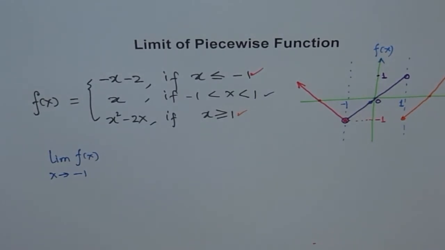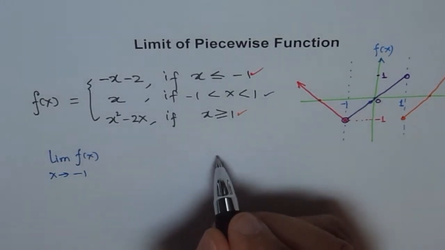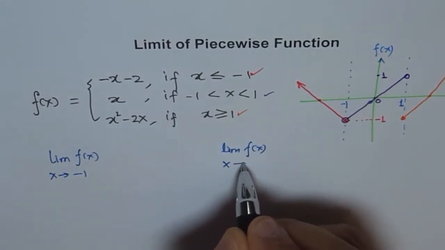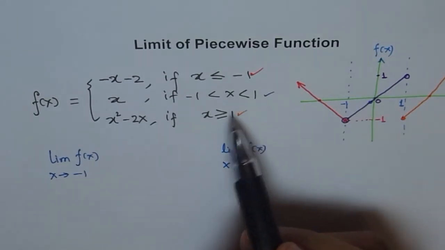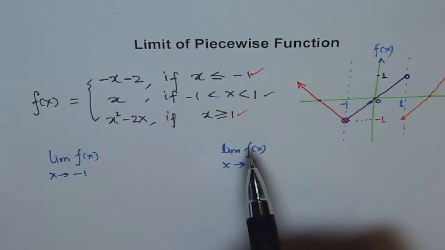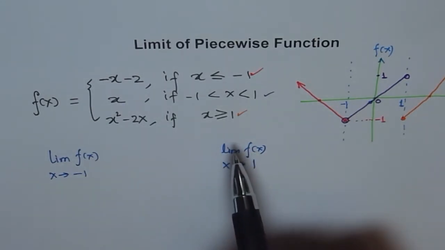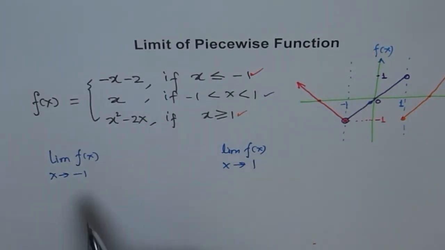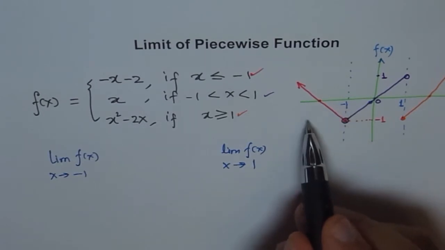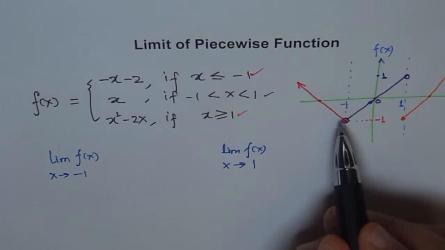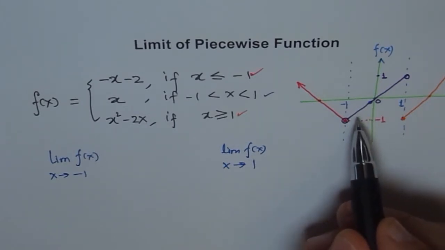And you are also supposed to find the limit of the function f of x as x approaches 1. Well, these are two interesting points because the pieces are joined together at these points. So let's look into what happened to our function at these points. Now, at minus 1, we see one thing: in both sides, we have to see what happens as we approach from the left side and from the right side.